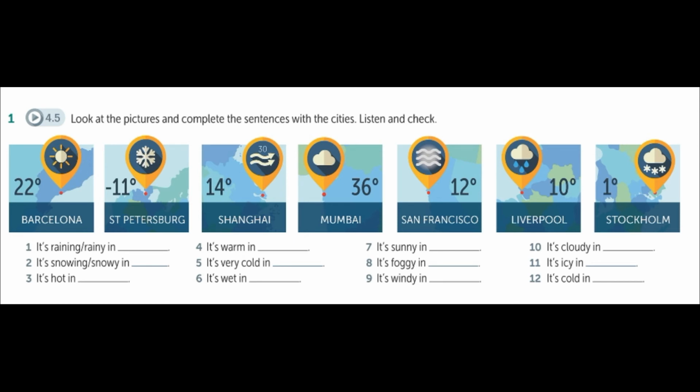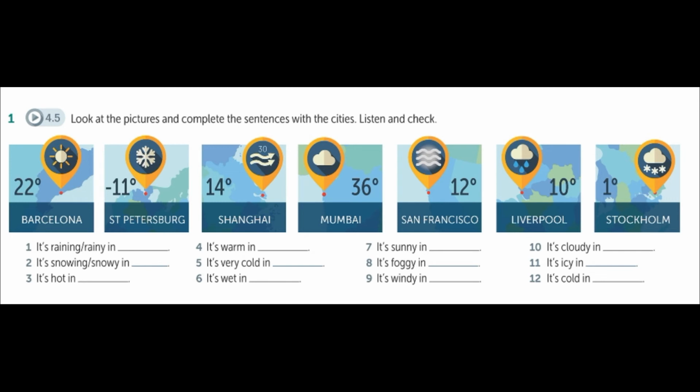So pay attention to the adjectives used here to talk about the weather. So what is the weather like in number 1? It's raining. So you pay attention to the pictures and you write down the name of the city that matches the adjectives here, right? The same way for number 2, it's snowing or snowy.